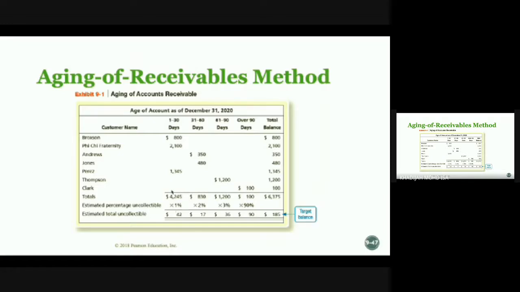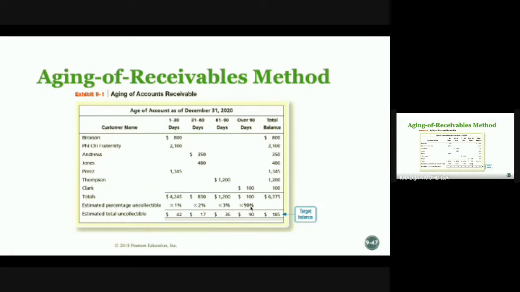But the longer the period, the more likely it will be uncollectible. So for example, for those over 90 days or 3 months, most likely 90% of that will become uncollectible, right?